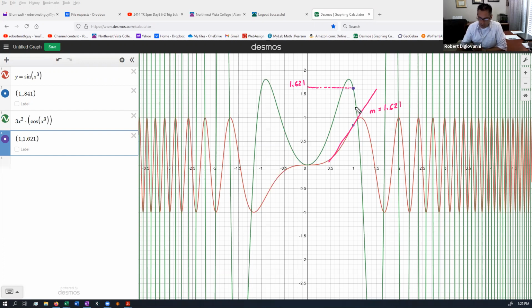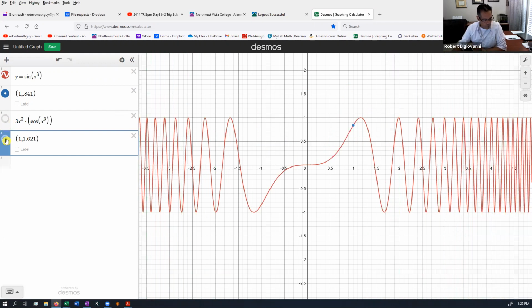And if you look here, let me hide this from everyone. What should the slope of the tangent line of this be at 0? What does it look like the slope of the tangent line here is at 0? It looks like 0, right? Because a tangent line should go through there like that and be flat, right? Which means the value of the derivative should be what at 0? 0.